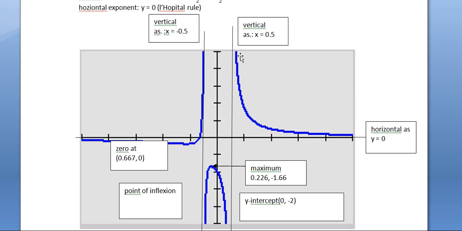So we know that asymptotes, vertical asymptotes, happen at x equals -0.5 and also at 0.5. That there is horizontal asymptote y equals 0.